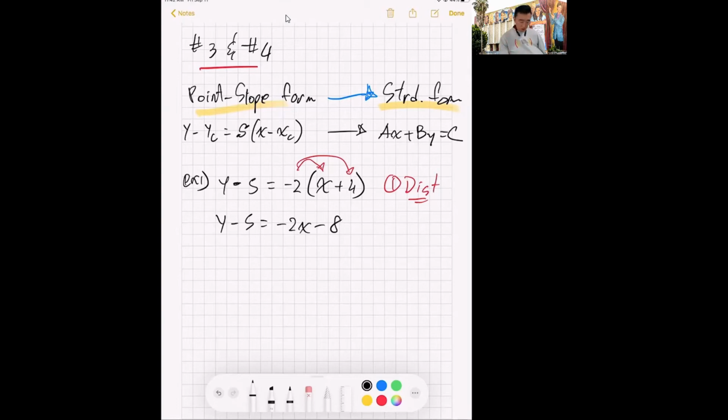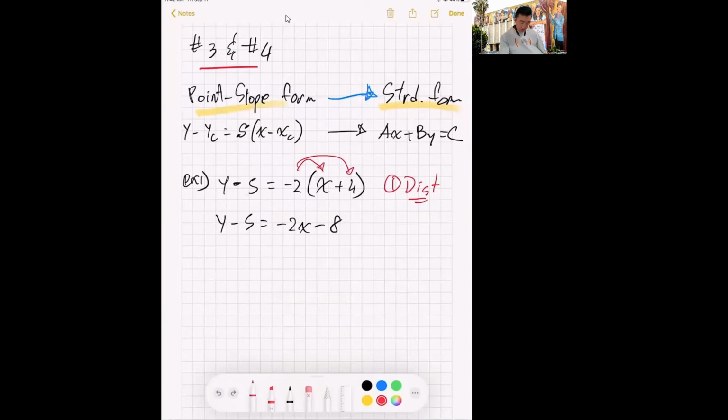So a couple of things I got to move. I have to move this negative 5 over to this side, and I also have to move negative 2x over to that side. Now, it's up to you which one you want to move first. Actually, I'll move the 5 first.